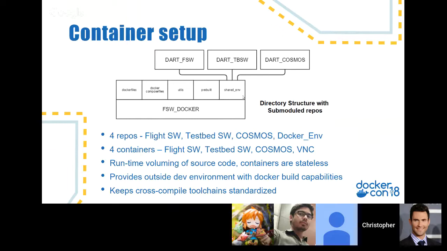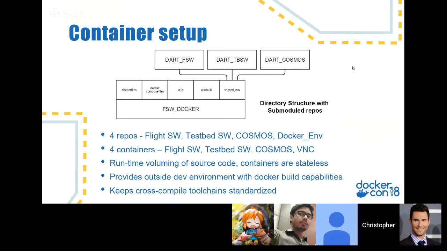We have runtime voluming of the source code. So this has actually been up for discussion a little bit, but we've decided to stick with it. Basically, for these repos, the Dart flight software, Dart testbed software, and Dart Cosmos, we don't build an application and then add that in our Dockerfile every time we build.